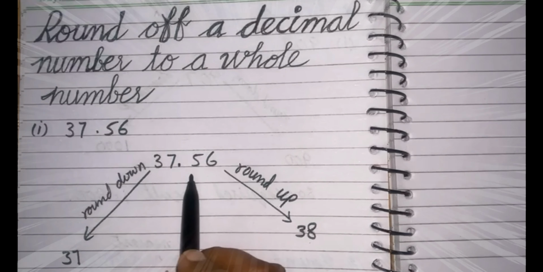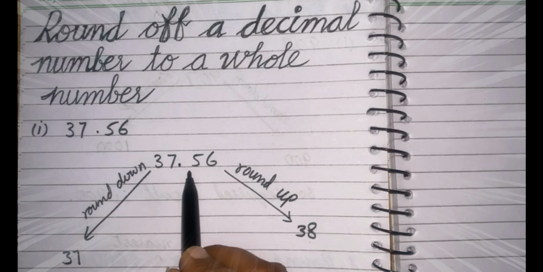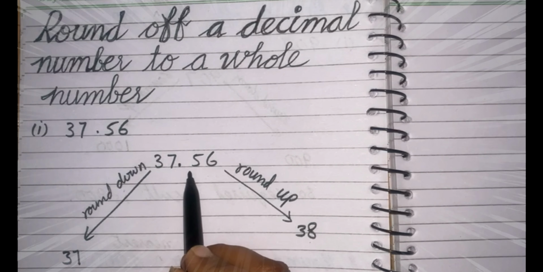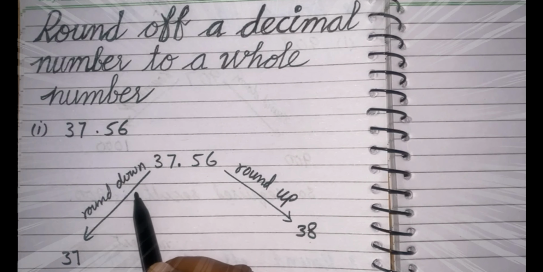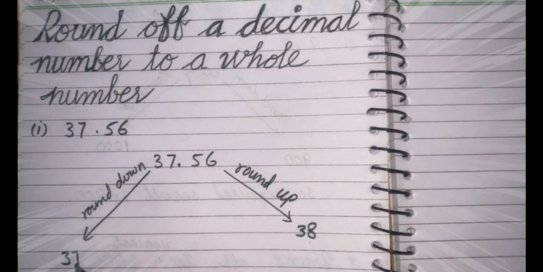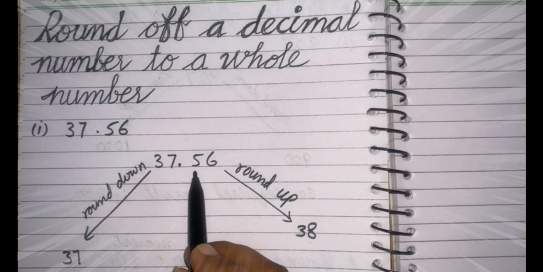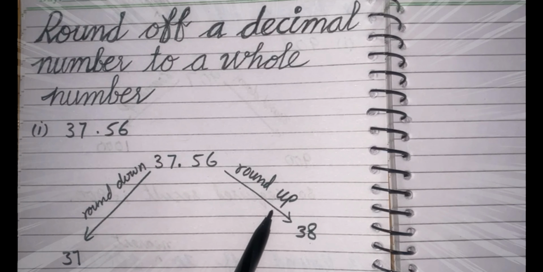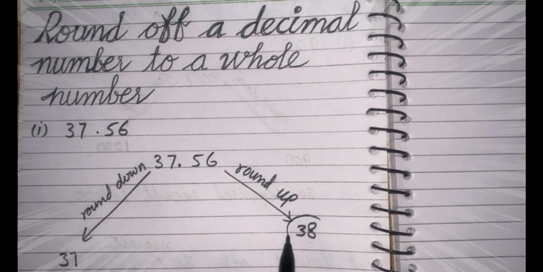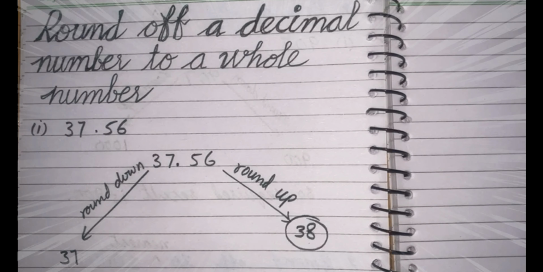If we have a number less than 5, let's suppose 4, 3, 2, 1, or 0, then we move to round down and we write the previous number, that is 37. Now here we have 5, so we will move to round up and we have the required number, that is 38. So our required result is 38.